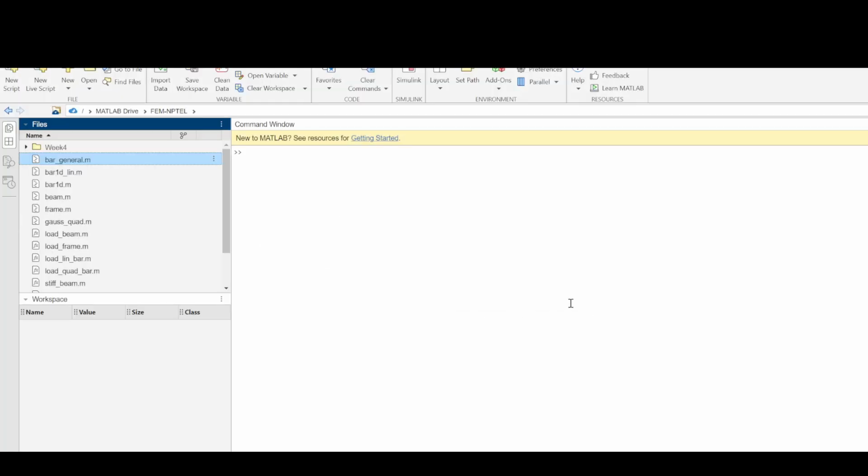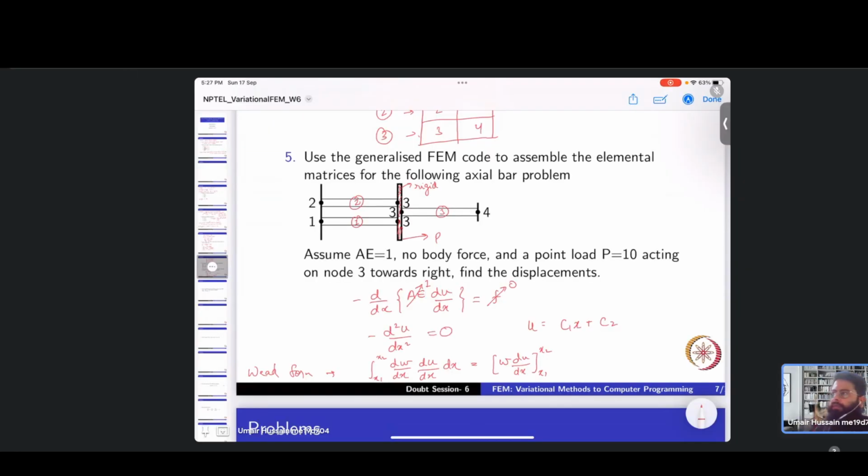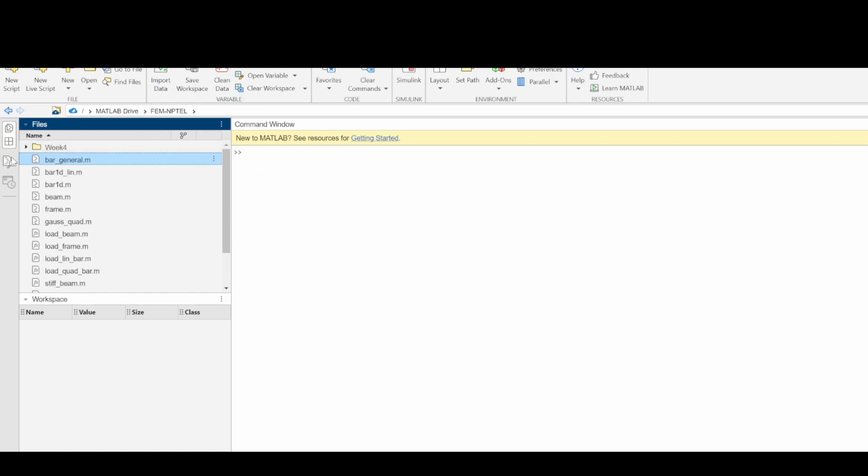I don't know, there's some issue with opening the file. Let me see. Let me download it and then upload it and try.